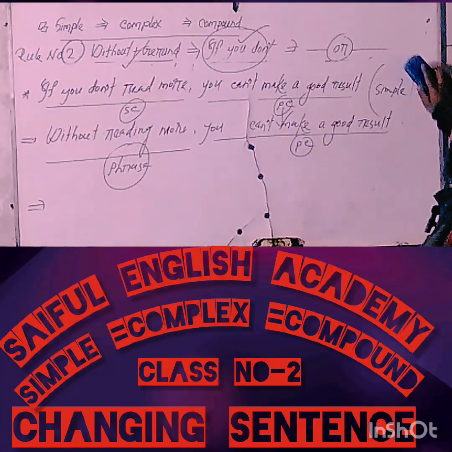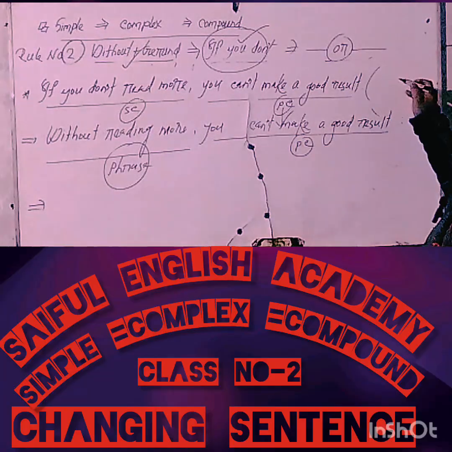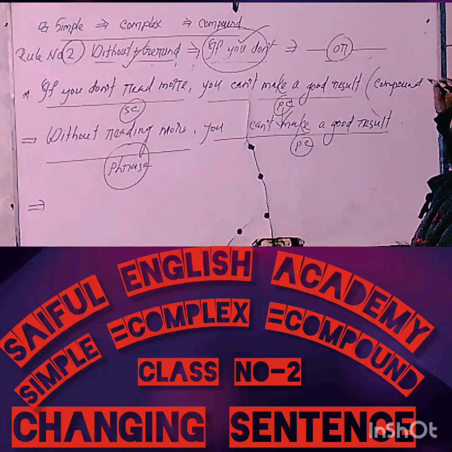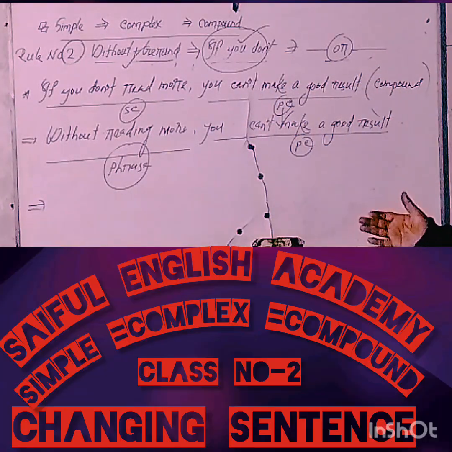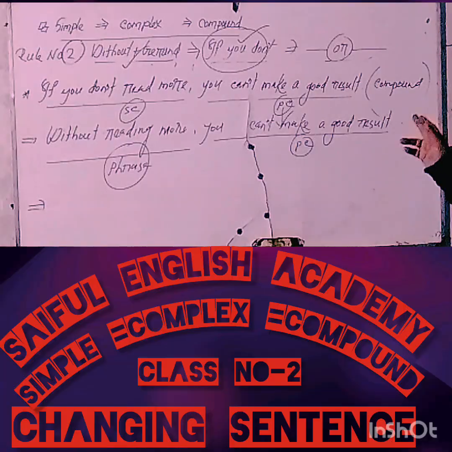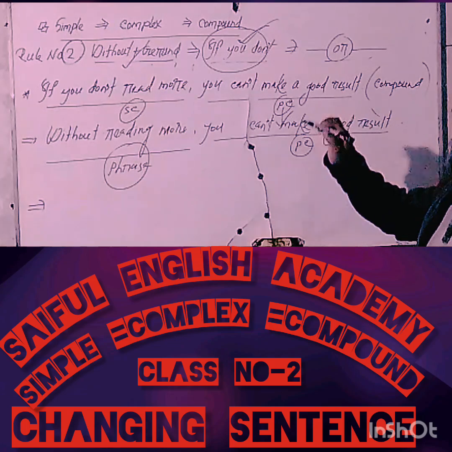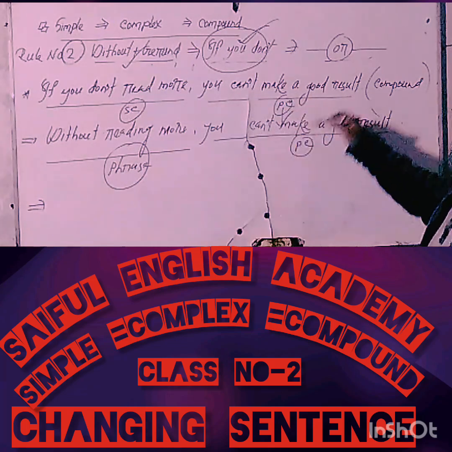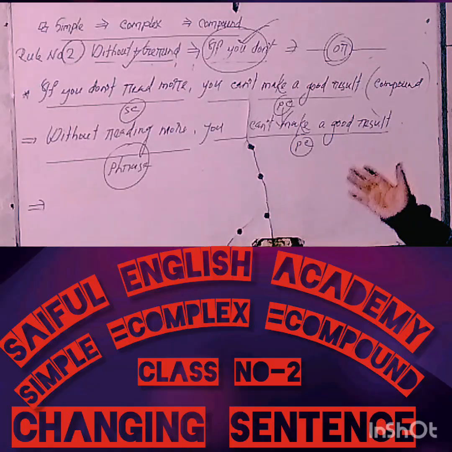Now, suppose you were told to change this category of sentence into a compound sentence. So, my dear learners, you'll have to mind that at the time of changing the sentence into a compound sentence, you'll have to delete if you don't, and writing the rest of the words of the subordinate clause, you'll have to use or in the middle of the statement instead of a comma, and there is no change of the principal clause.